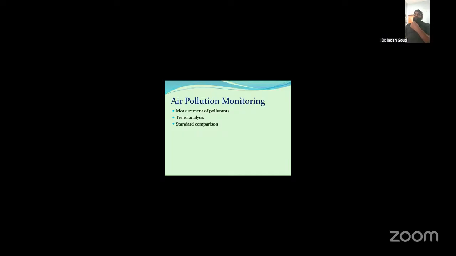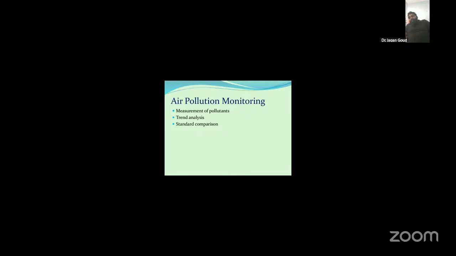Air quality index converts pollutant concentration into a single index number. The general formula is: air quality index equals observed concentration divided by standard limit, times 100. Categories typically include good, moderate, unhealthy, very unhealthy, and hazardous.